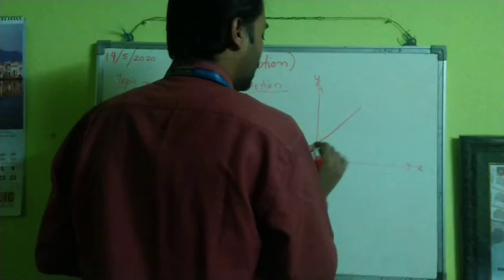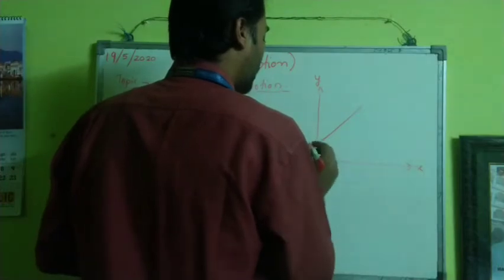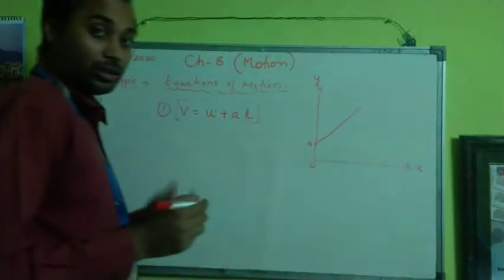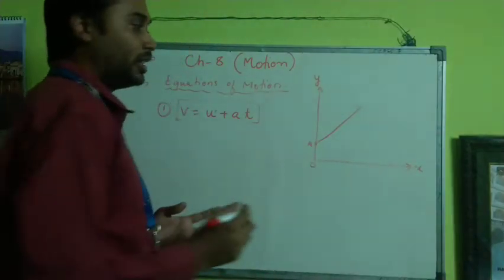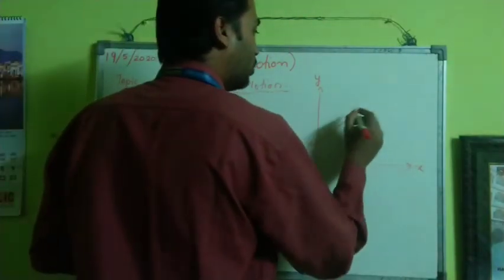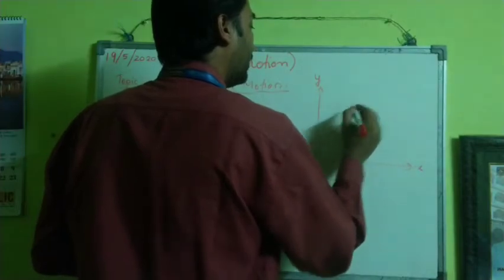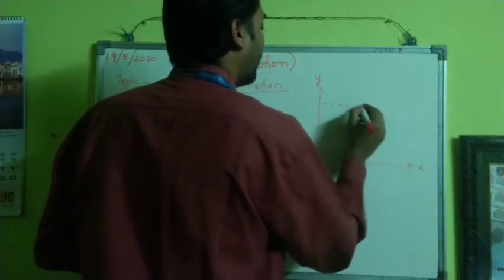So let us denote this point as the starting point, or the point at which we will consider the initial velocity. Then let this be the final point, and this point we will consider as the final velocity.